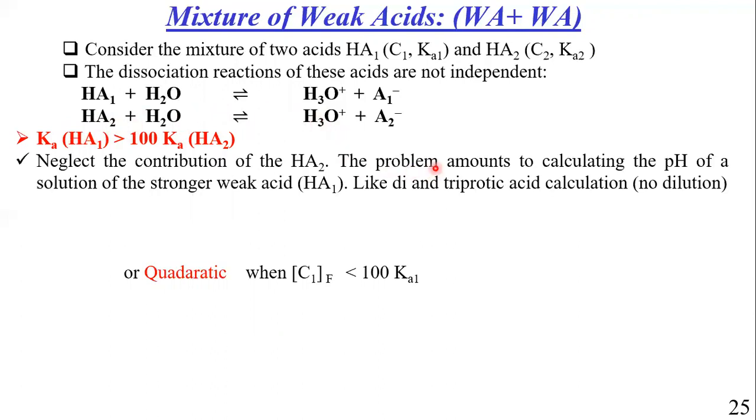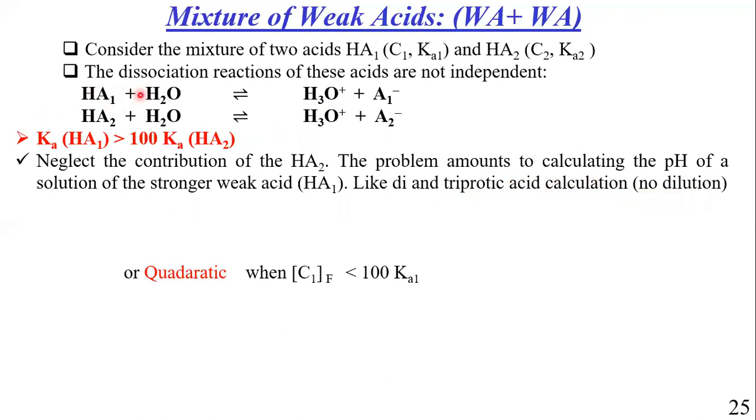This is very similar to the calculation type that we did with triprotics or diprotics, where we simply had a single equation taking place. But in that case, it wasn't a mixture, remember, it was just one solution, one species or one acid, which happens to be triprotic, but there is no dilution factor. Here, however, we have to consider the dilution.